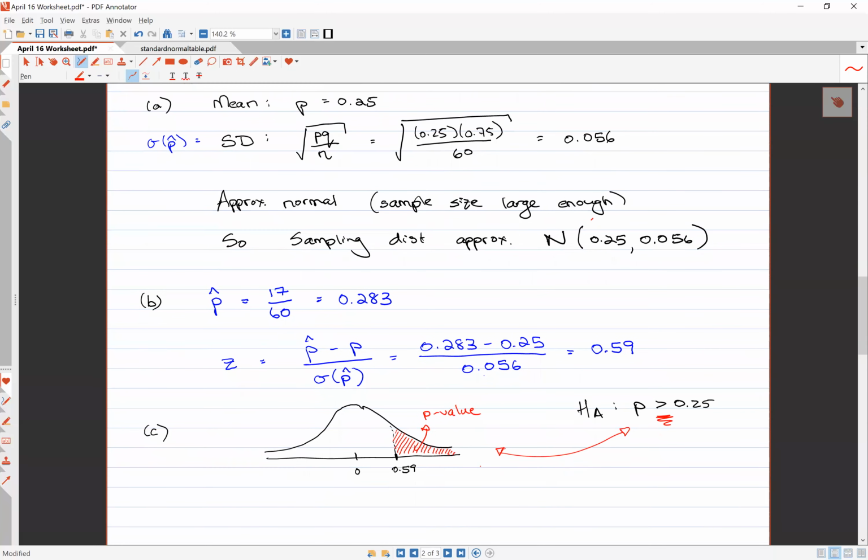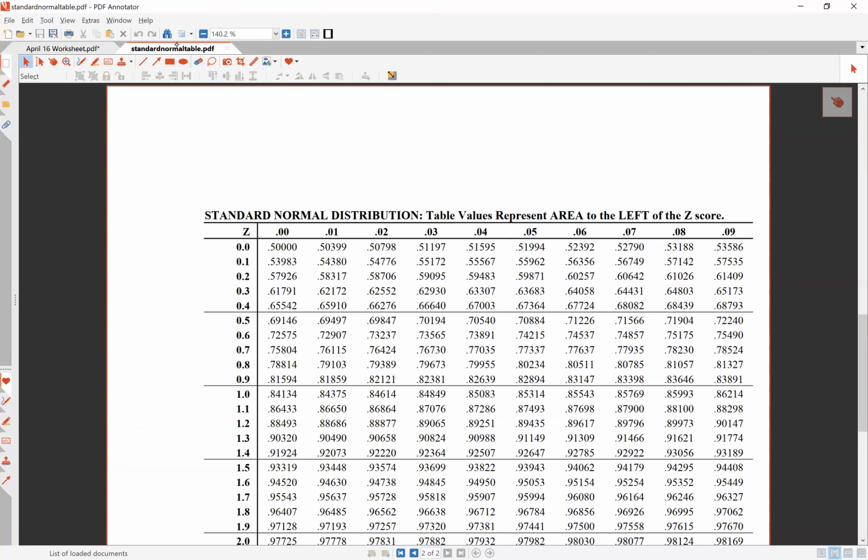So to calculate the p-value, we're going to look up 0.59 in the z-table, in our standard normal table. So I'm flipping over to that. 0.59 gives me a probability, or a chance, of 0.722.